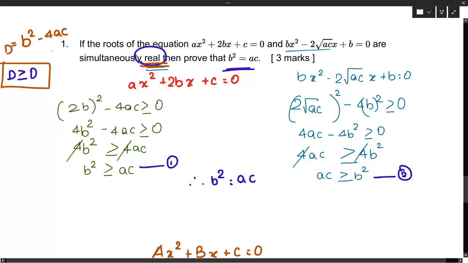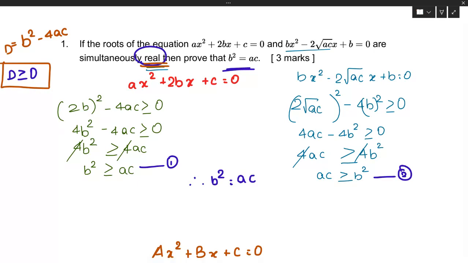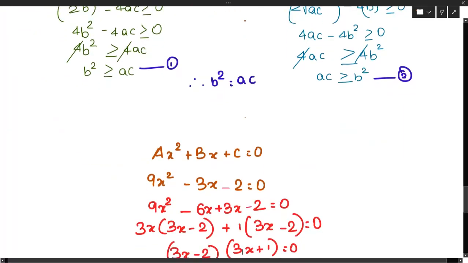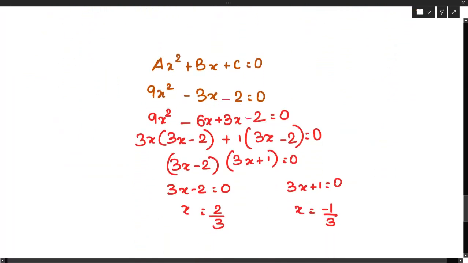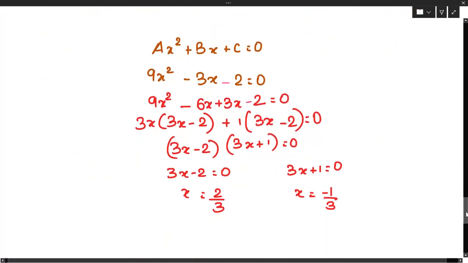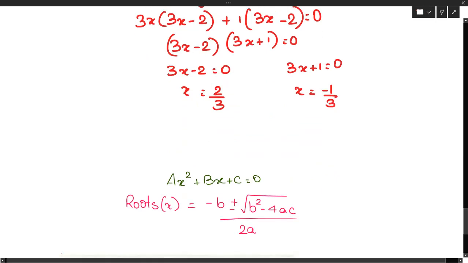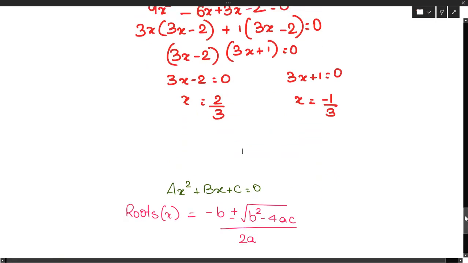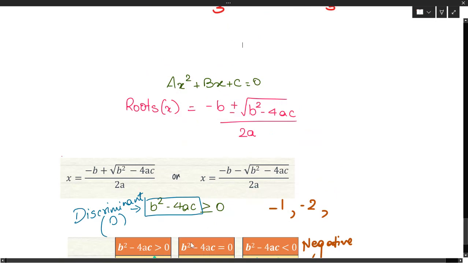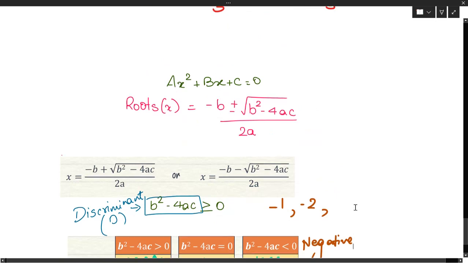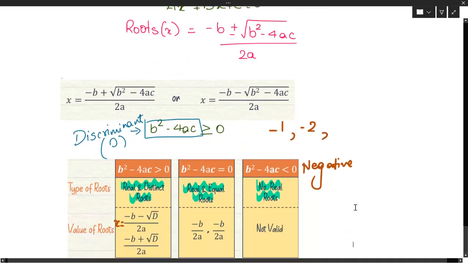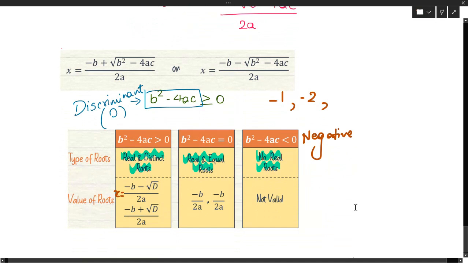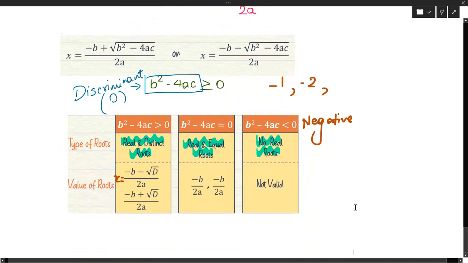They did not say whether it is real or equal. They only said it is real. They did not say that it is greater than or equal to 0. So real can be two types: real and distinct, real and equal roots. Easy, sorted.